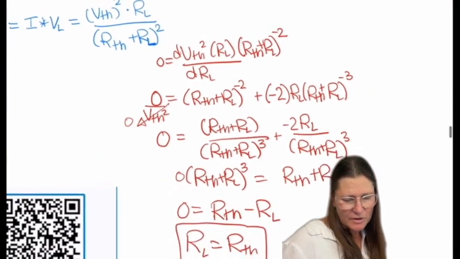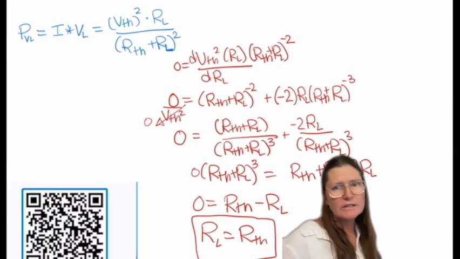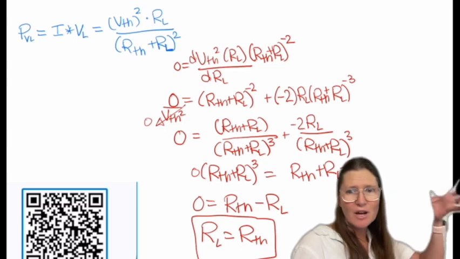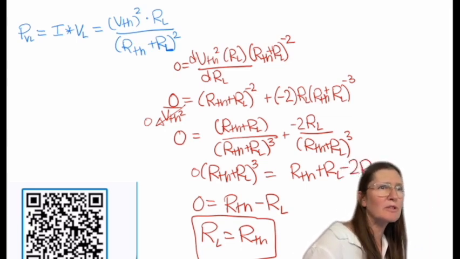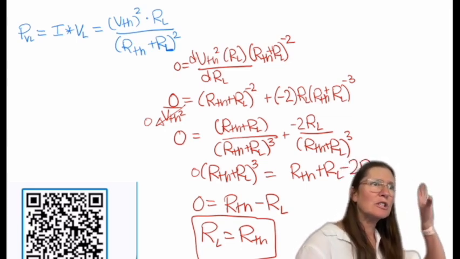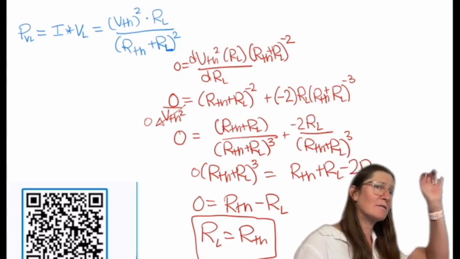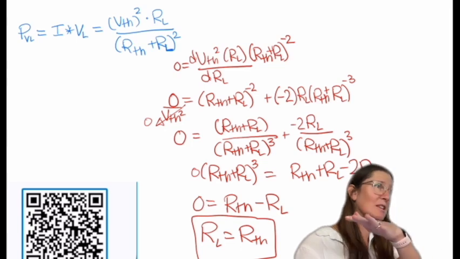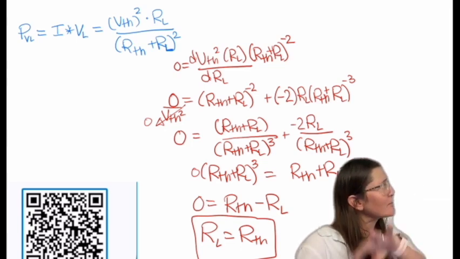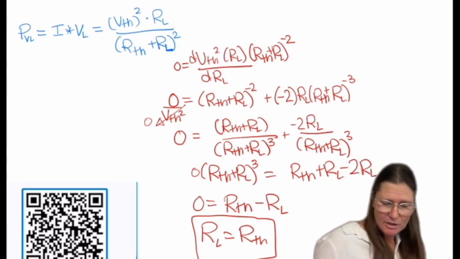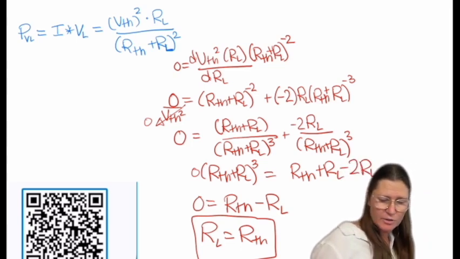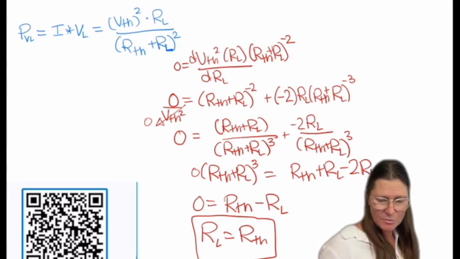Taking the derivative, you have to note that there is an RL on the top and an RL on the bottom, so you have to use the chain rule. You take the derivative of the first component and leave the second one, then take the derivative of the second one and leave the first one. The derivative of RL is just going to be the number out in front.